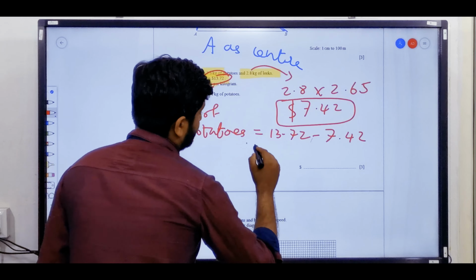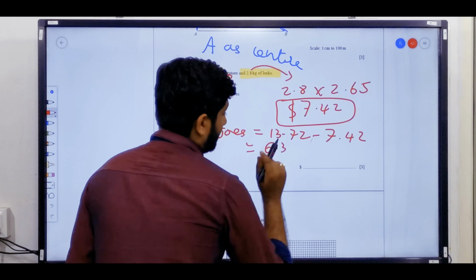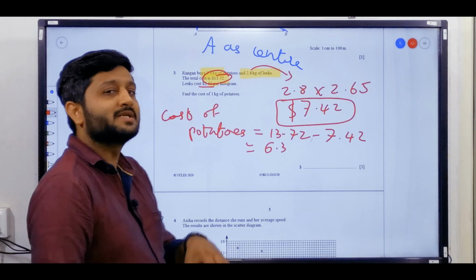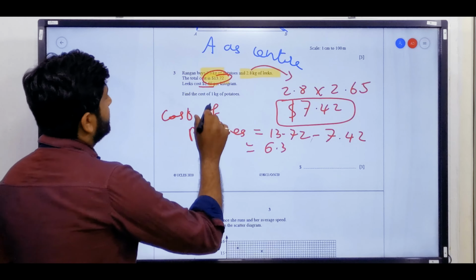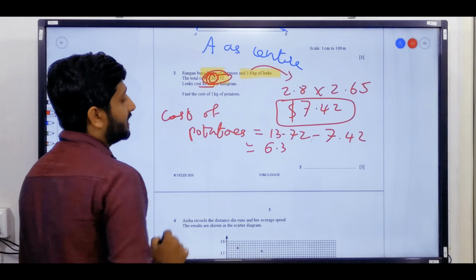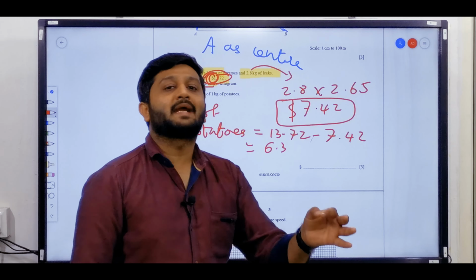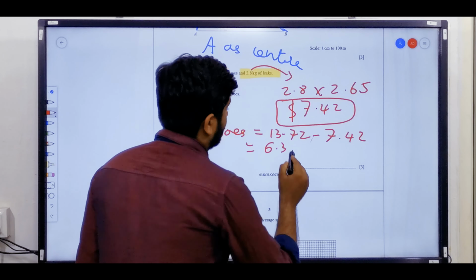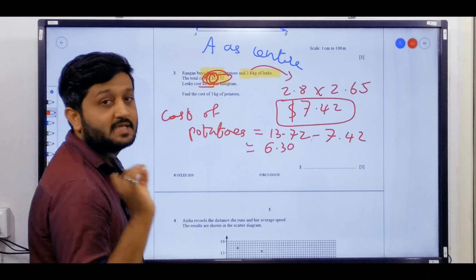The answer comes out to be 6.3. But students, please ensure this. Many students make such mistakes. See, this is currency, right? So we always write currency in 2 decimal places. So instead of 6.3, we'll write 6.30.